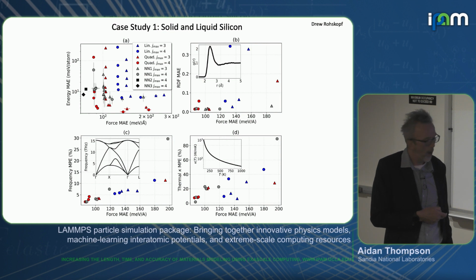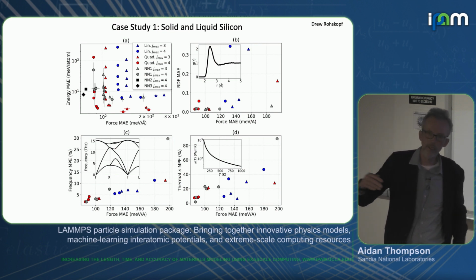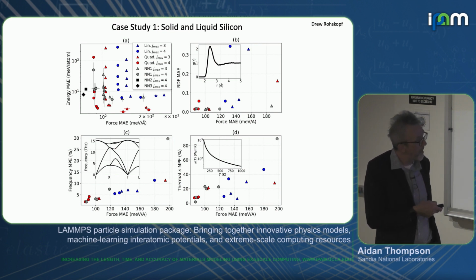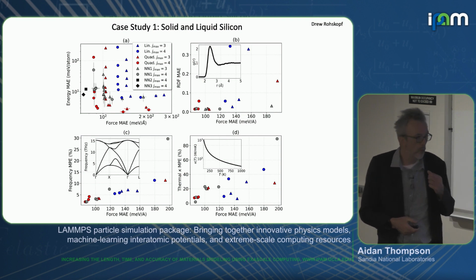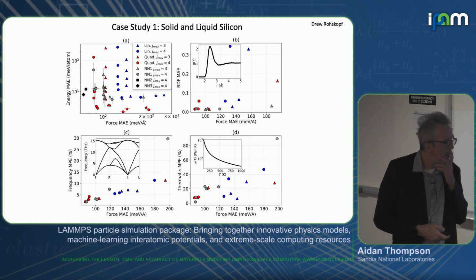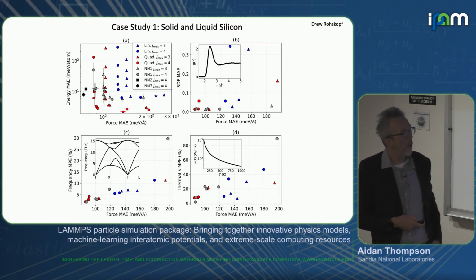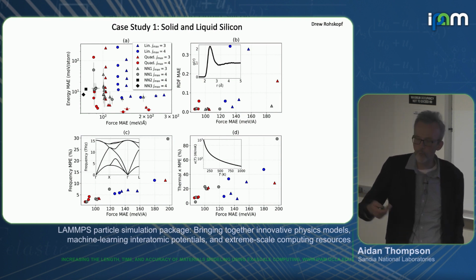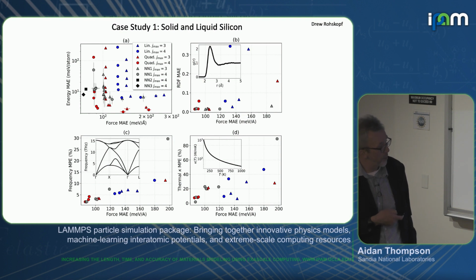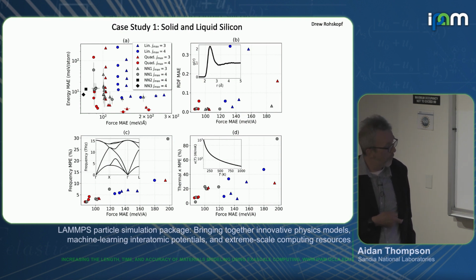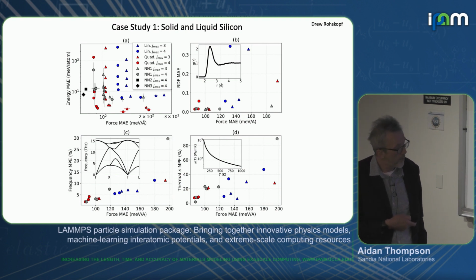And so now he didn't just stop there and say, well, I like the one, say, that's at the elbow, because that seems like a good trade-off intuitively. Instead, he went and ran the DFT that generated the training data, ran it again to get quantities of interest that you might get out of a simulation, like radial distribution function, which is quite expensive. The phonon dispersion curves, which are quite expensive to get from DFT.